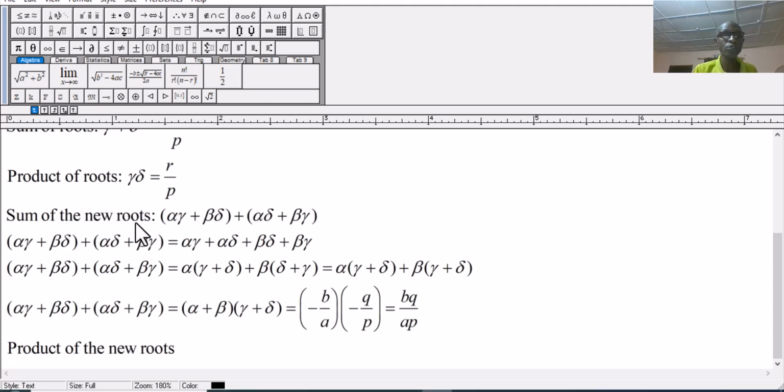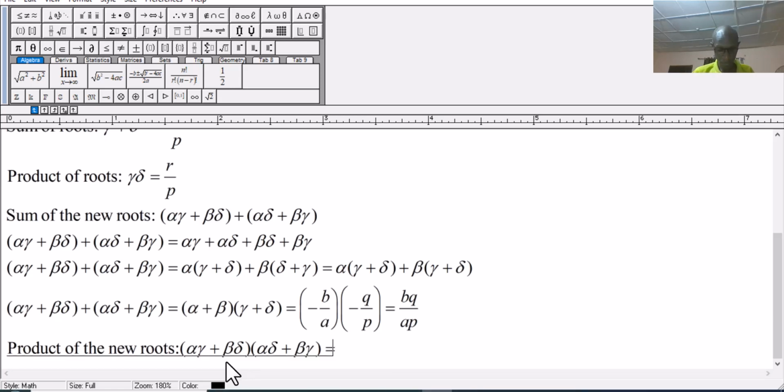Because I'm looking for the product, we need to pay close attention. Since it's a product, now I can open up that bracket.